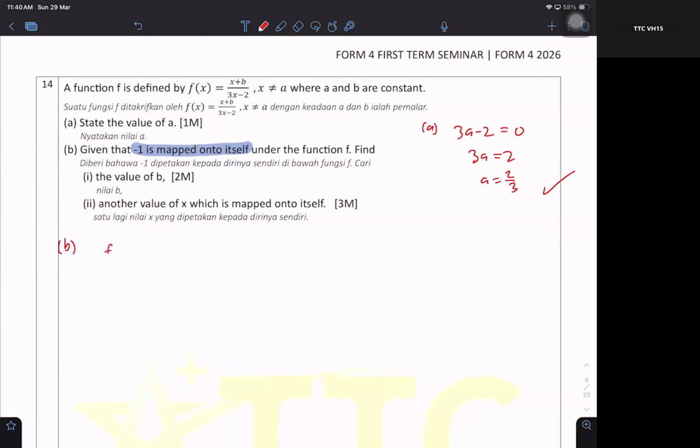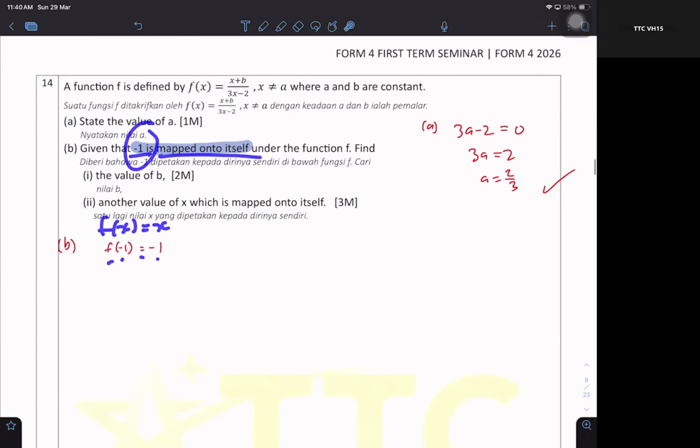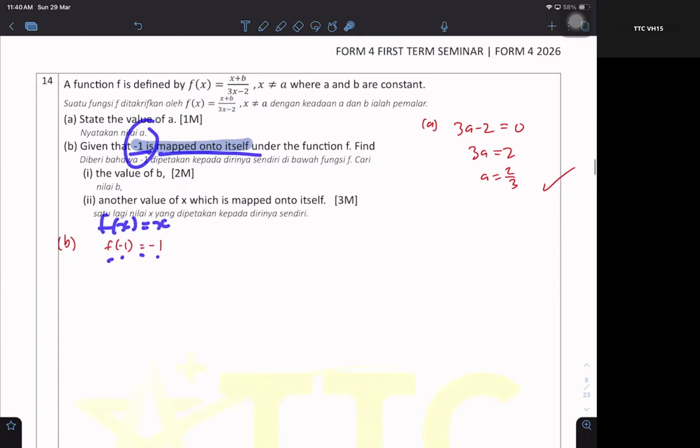You should write f(-1) equals -1, because -1 maps onto itself. Map onto itself is f(x) equals x, but now it is -1, so f(-1) equals -1. The x and the x are the same, so the -1 and the -1 are the same. Understand?